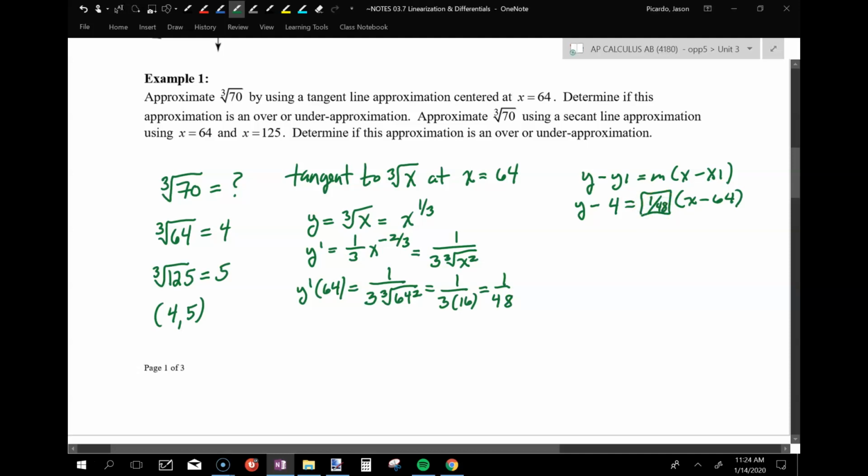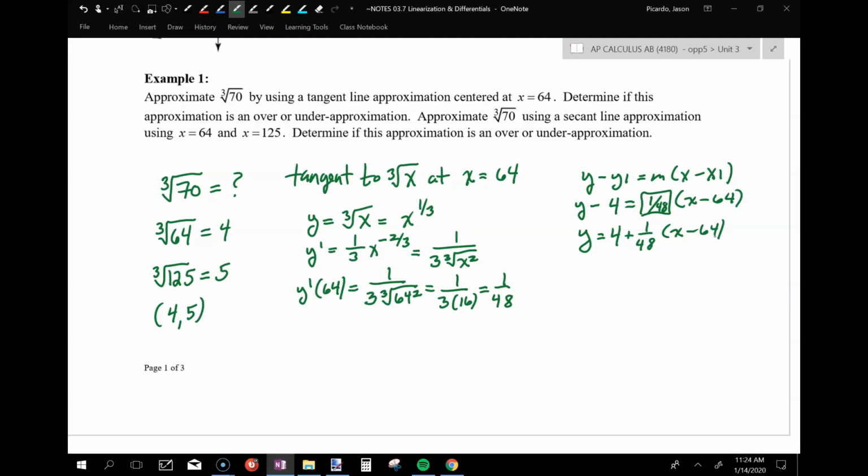If I put that in normal form, I'm going to add the 4. And that's all something that I think you guys would be pretty successful with.